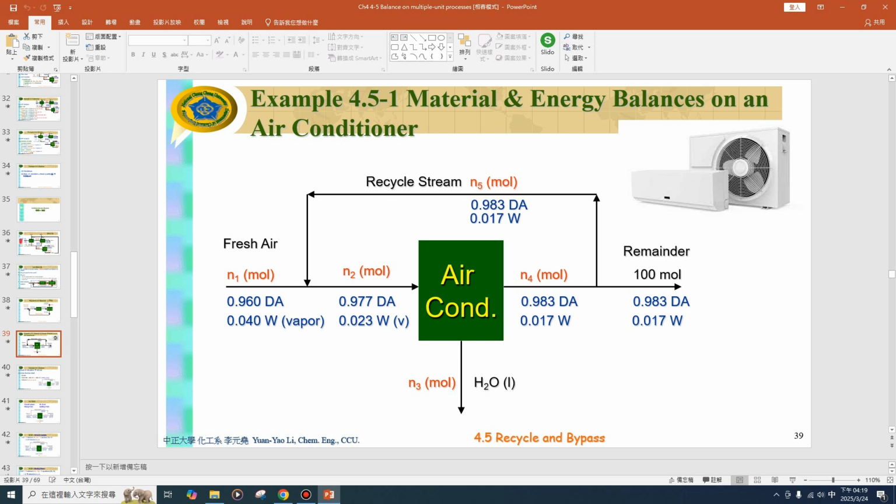Otherwise, if you have 4% water into this air conditioner, you cannot produce 1.7% water out. So this kind of dilute streams, right? You dilute the water content before you go into the air conditioner. Okay, this is the third example for you to understand the meaning of the recycle.